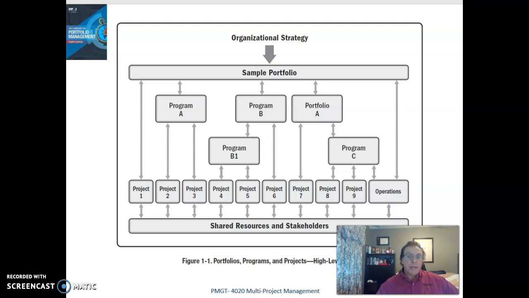The portfolio manager is concerned with doing the right work at the right time. You'll recall the project manager's role is doing the project right. The portfolio manager is concerned with balancing short and long-term components and working out the risk and reward.